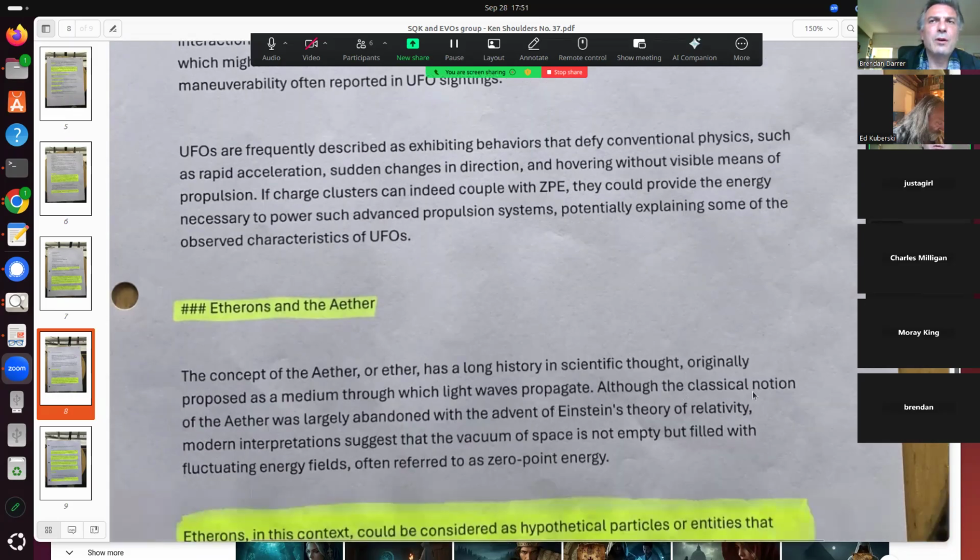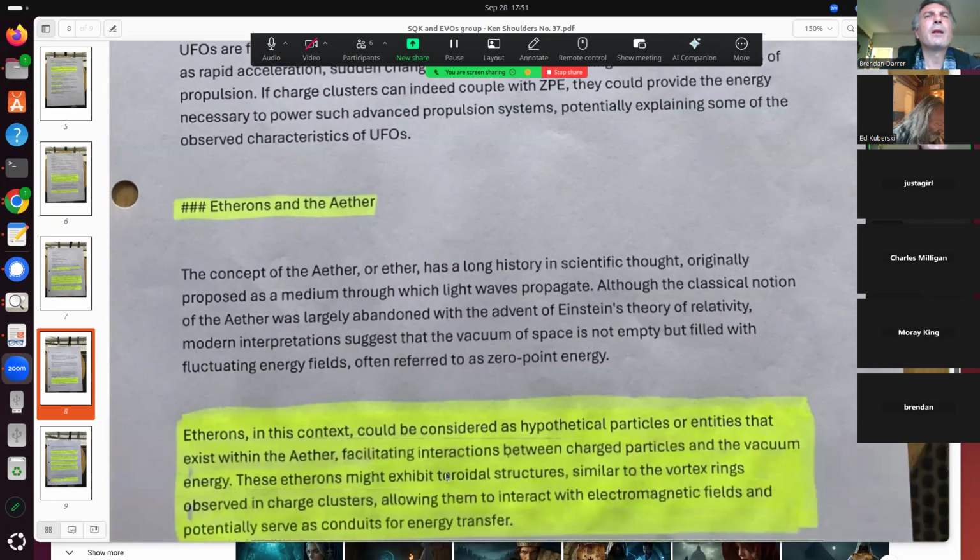Although the classical notion of the ether was largely abandoned with the advent of Einstein's theory of relativity, modern interpretations suggest that the vacuum of space is not empty, but filled with fluctuating energy fields, often referred to as zero-point energy.